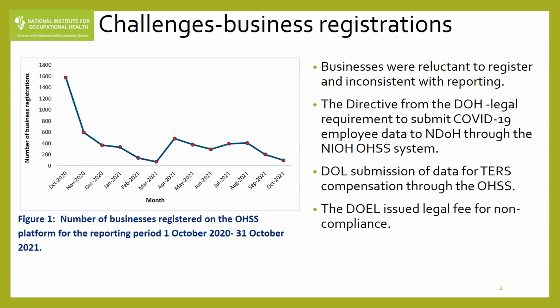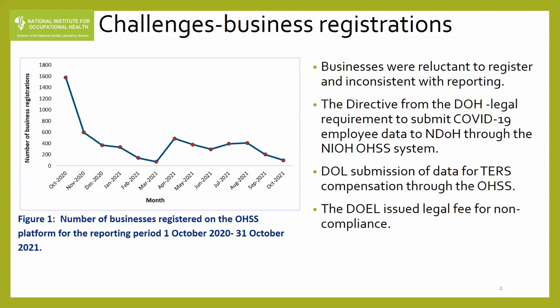Those with more employees can submit the other data, which was symptom screening data, vulnerability, and the return to work data. That slightly increased our registration between March 2021 and April 2021.